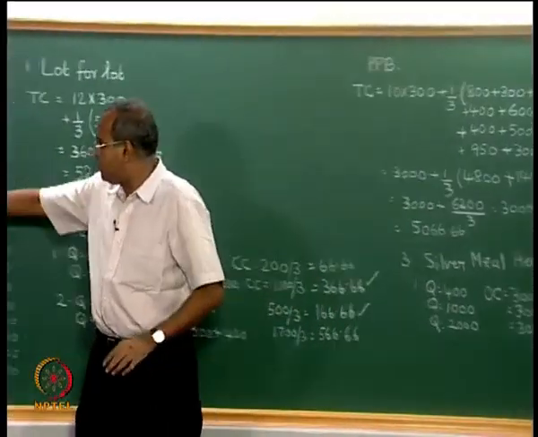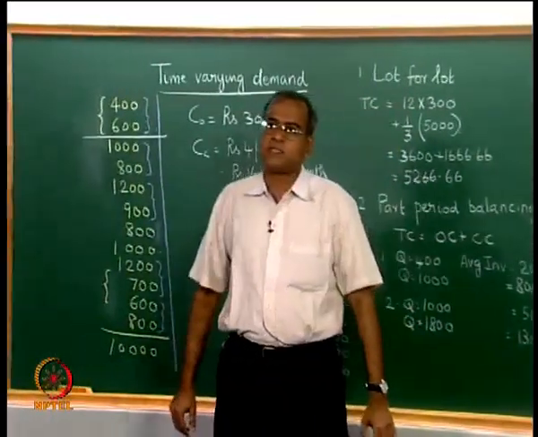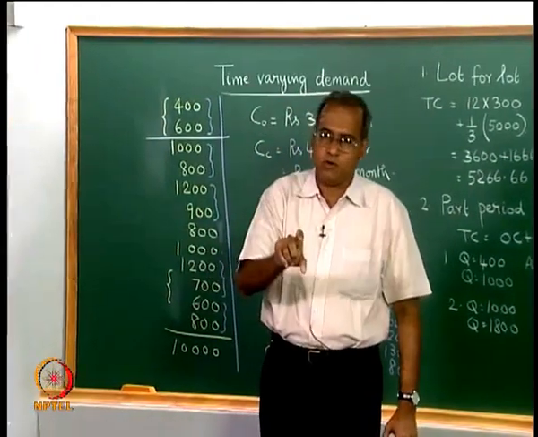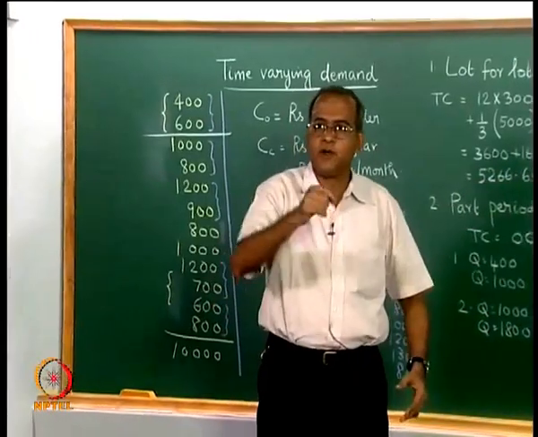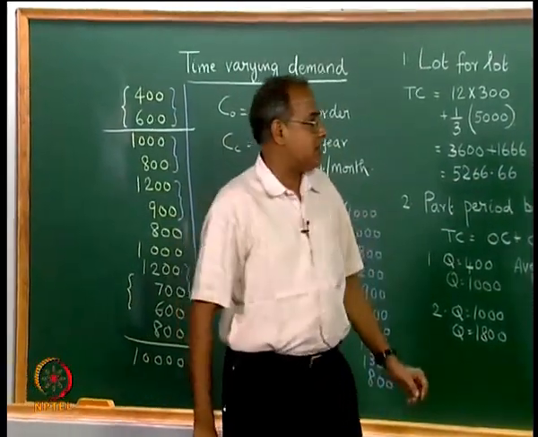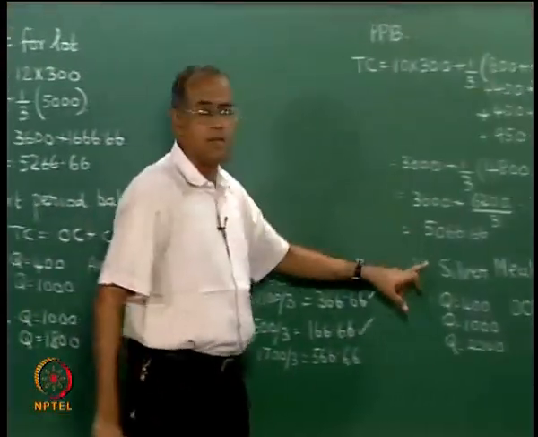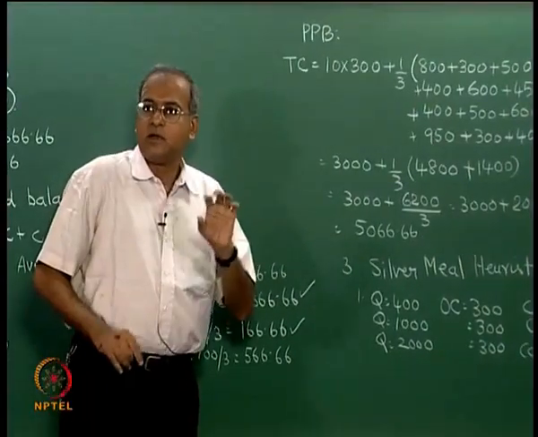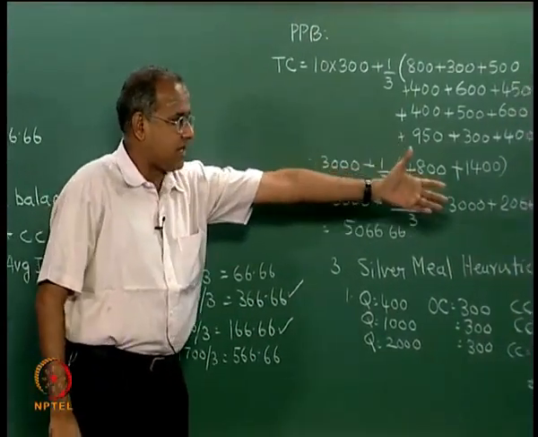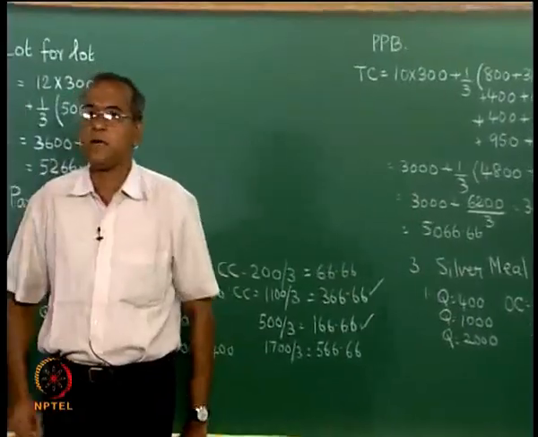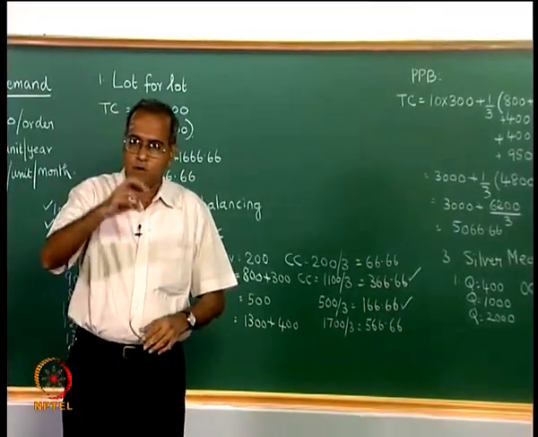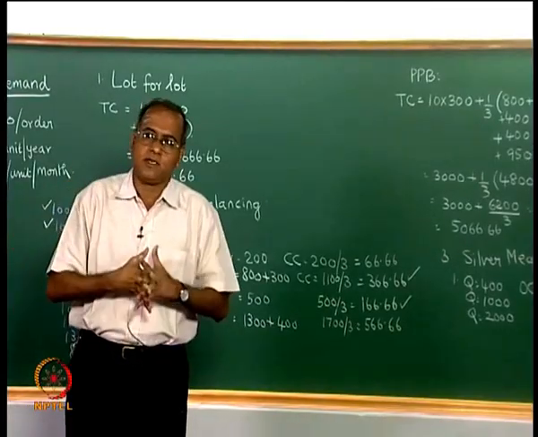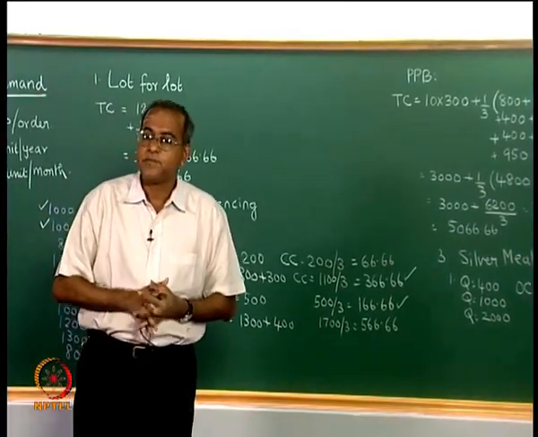Based on this numerical example, H divided by O, the heuristic divided by the optimum, would be of the order of 1.000 something, because you are dividing 5066 by 5000, whereas 5033 divided by 5000 will be a little smaller for the Silver-Meal. So, the smaller H by O is, the better the heuristic is.